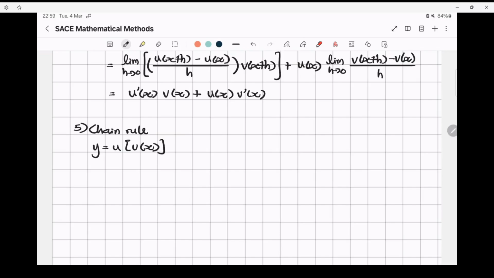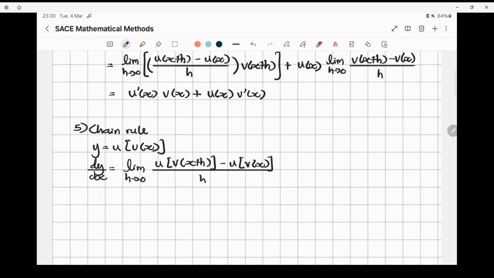If we try to differentiate this by first principle, what we would get is u(v(x+h)) minus u(v(x)), and then divide by h.